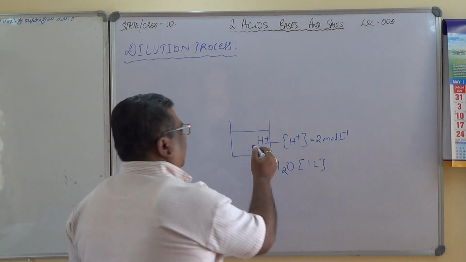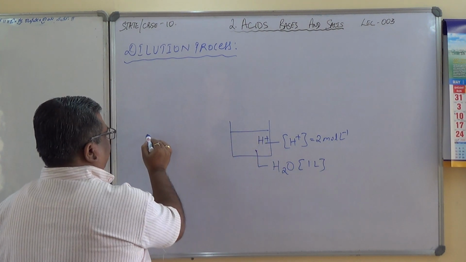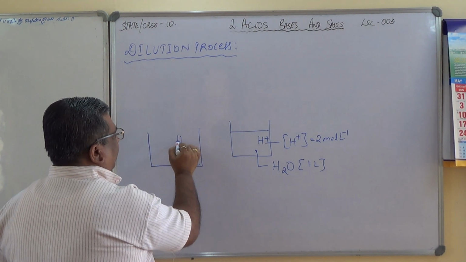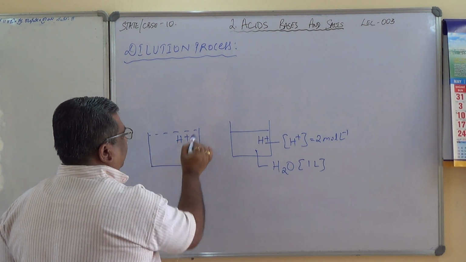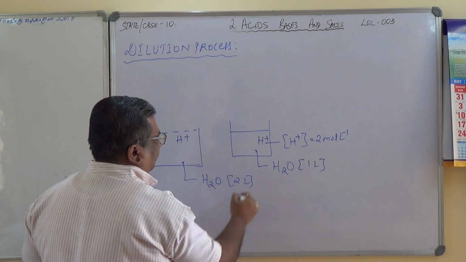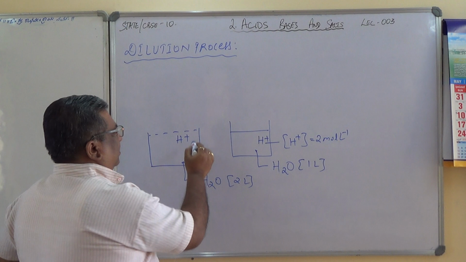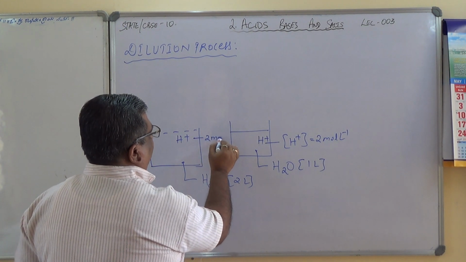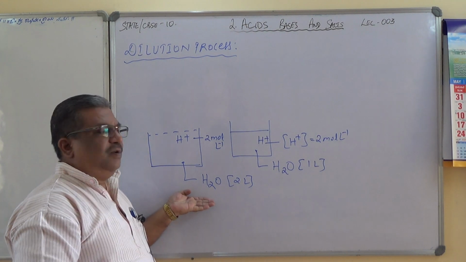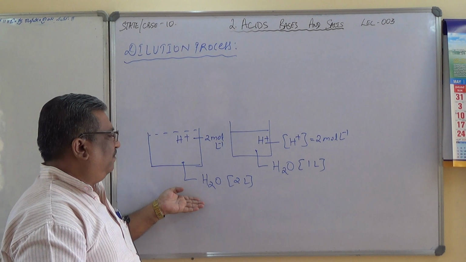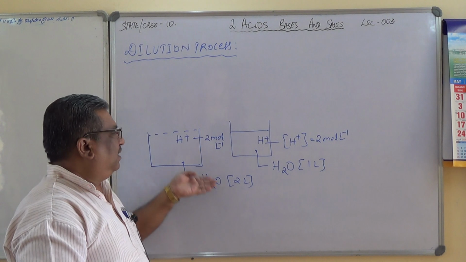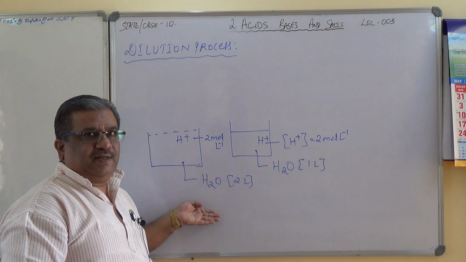Now, if further water is added to this same H plus ion solution, and you add water to the extent that here water will be 2 liters, H plus is now 1 mole per liter. What happens to H plus ion concentration if water quantity is increased? H plus ion concentration is decreased, isn't it?